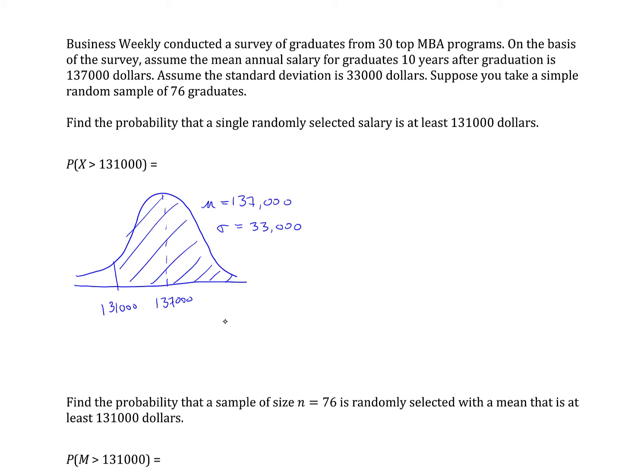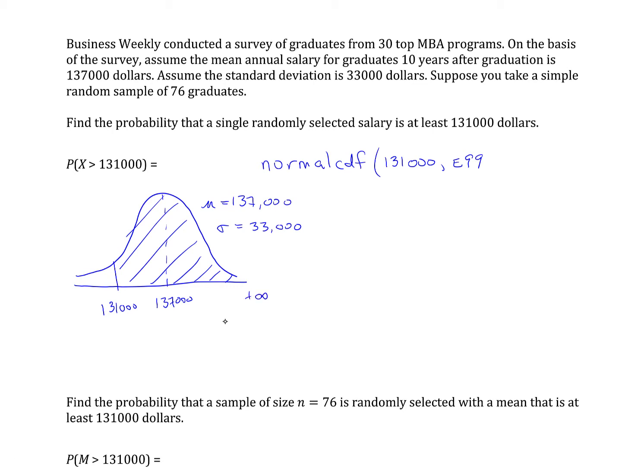And to find my probability, I'm going to use the normal CDF function because that gives me normal probabilities under the normal distribution curve. And it takes 4 inputs. The first 2 inputs are the lower and upper bounds of your shaded region, which I've used E to the 99th in place of positive infinity.